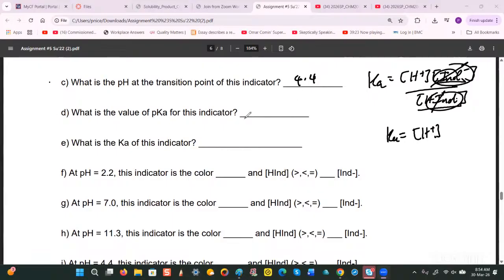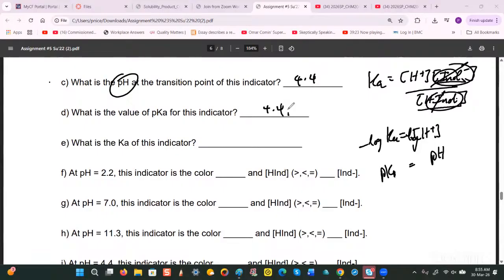Is it 4.4 equals negative log of the concentration of H plus? Exactly, which is the pH. And therefore, if we find a minus log of both sides, this is pH, and this would be the pKa. So the pKa would be equal to 4.4.